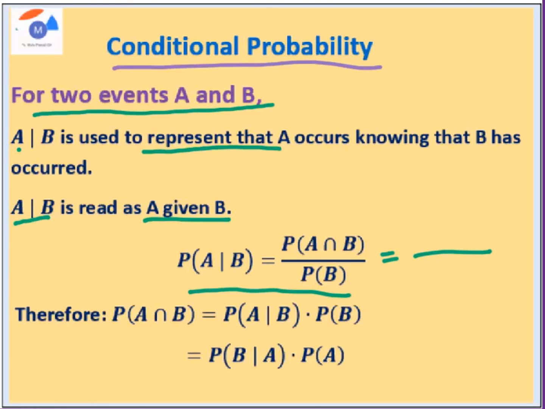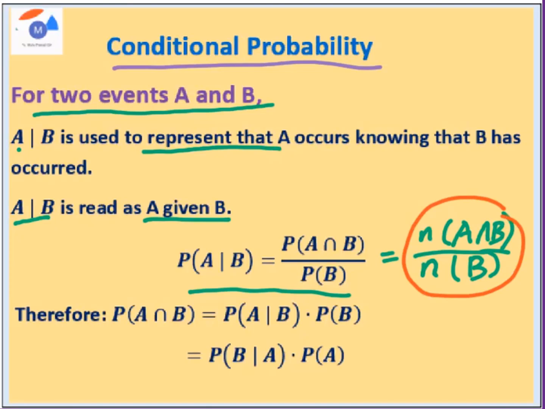Or if you can figure out the possible outcomes of A and B, also the outcomes of B, we can use this formula. Basically, you just take B as the total.